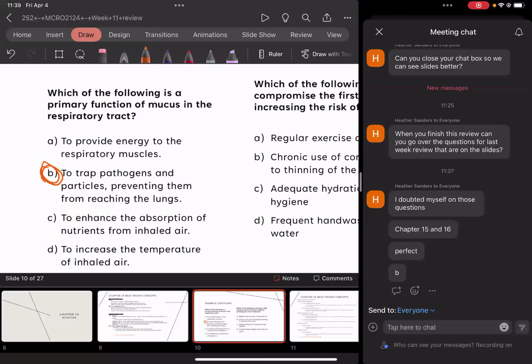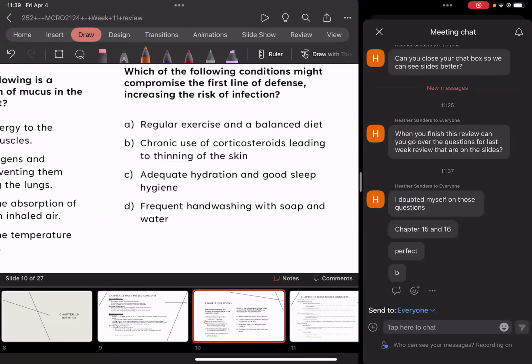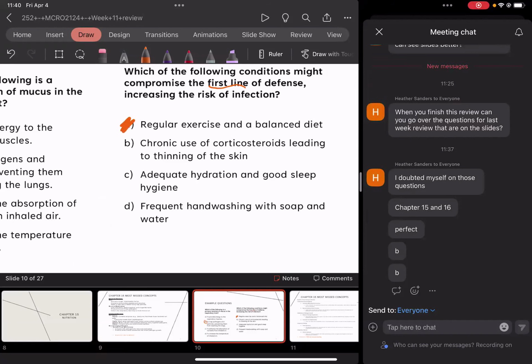That's an easy one. Our next question, which of the following conditions might compromise the first line of defense, increasing the risk of infection? Our first line of defense, again, is our chemical and physical barriers. Would exercise and a balanced diet put that at risk? I would hope not. So we think B is going to be the answer for this one.